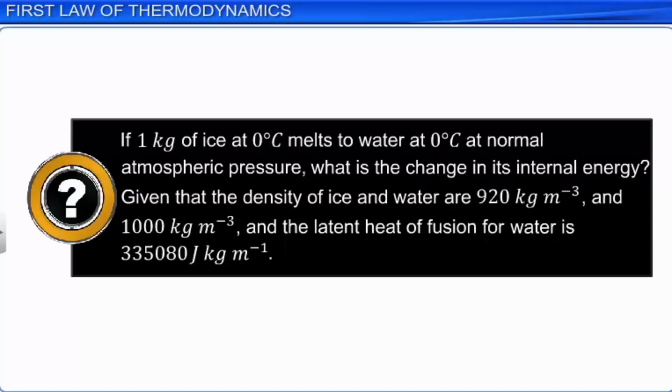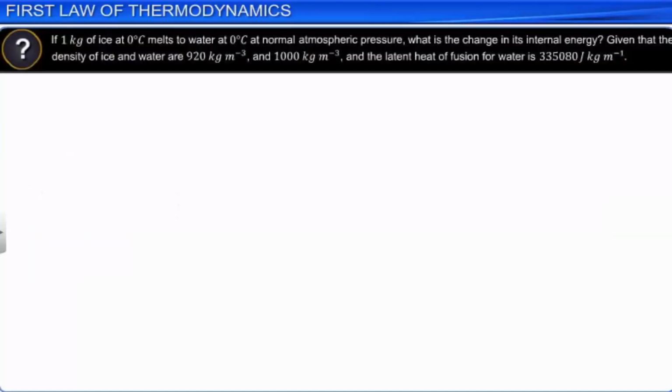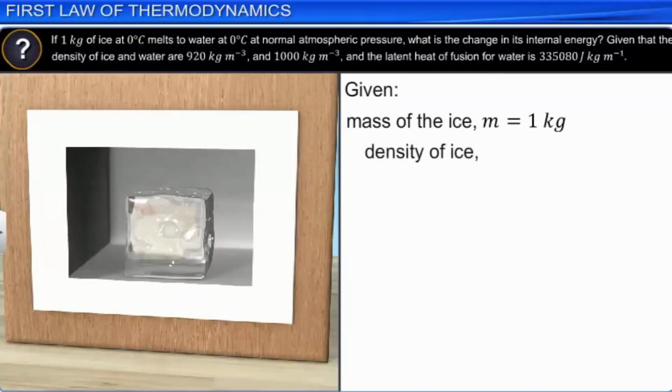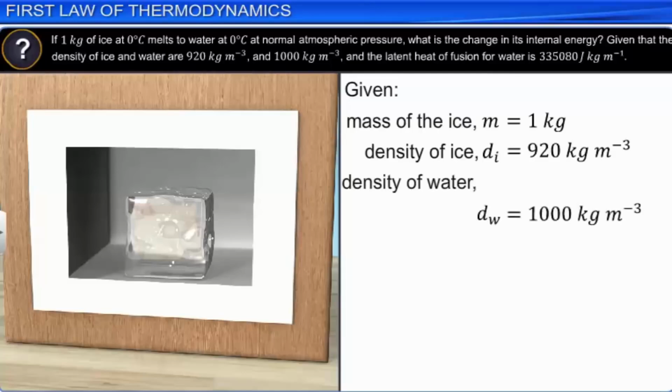Given mass of the ice m is equal to 1 kg, density of the ice dI is equal to 920 kg per meter cube. Density of the water dW is equal to 1000 kg per meter cube. Latent heat of fusion LF is equal to 335,080 joules per kilogram.